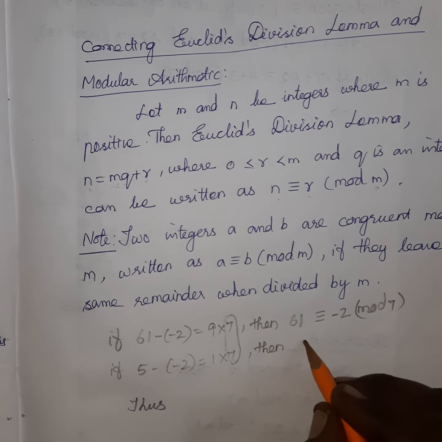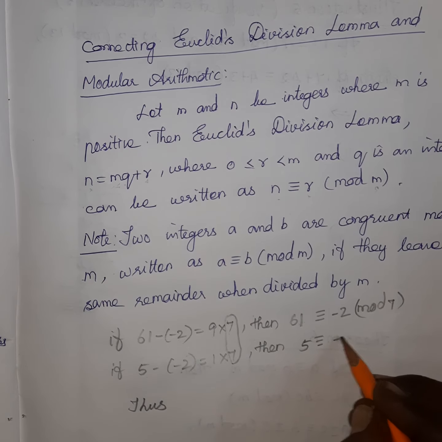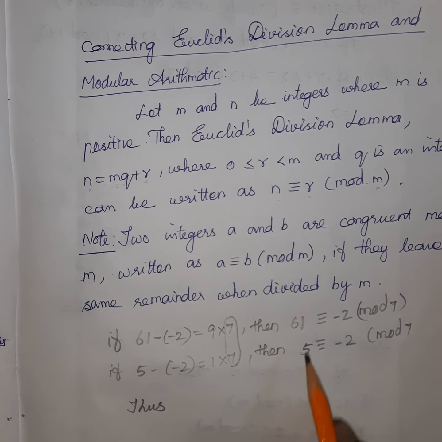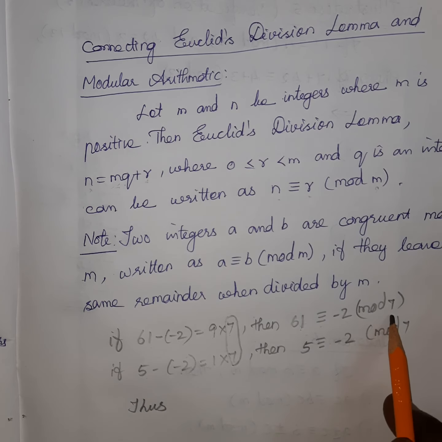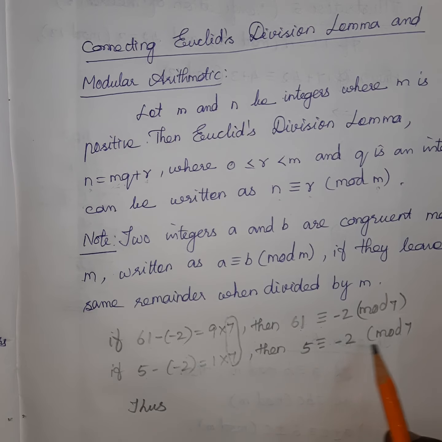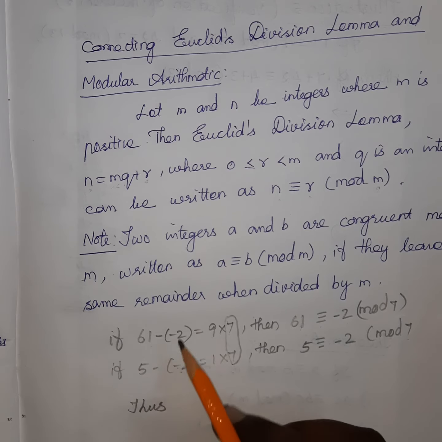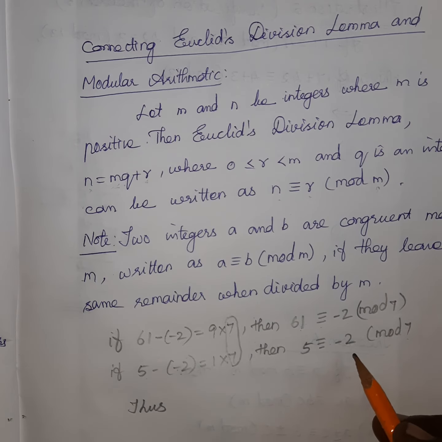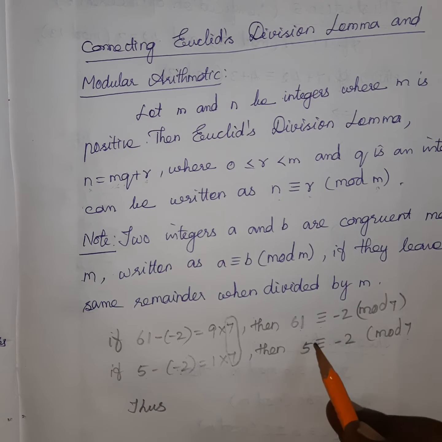Like the same, 5 is congruent to minus 2 mod 7. So 61 is congruent to minus 2 mod 7, and 5 is congruent to minus 2 mod 7. Understood? The same remainder.